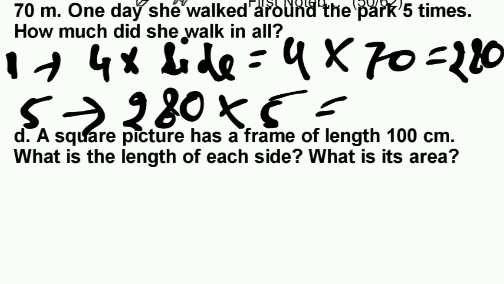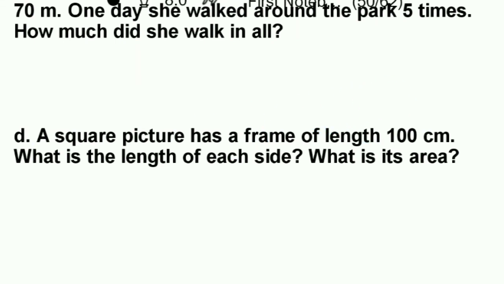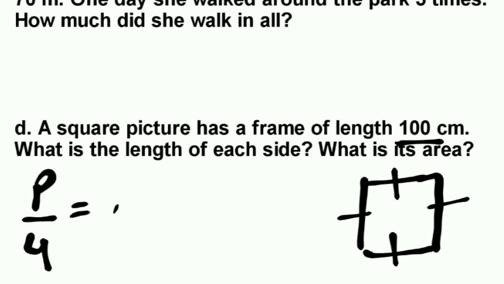Last question is, a square picture has a frame of length. Okay, so now this total length is given 100 meter. We have to find the length of each side. Each side means one side. 1 2 3 4, all the 4 sides. It is given 100, so we can find one side. So just now we have solved, perimeter upon 4 equals length of the side.